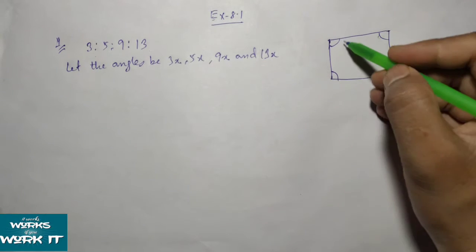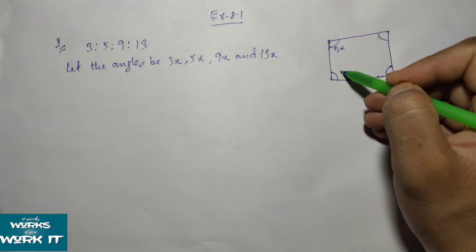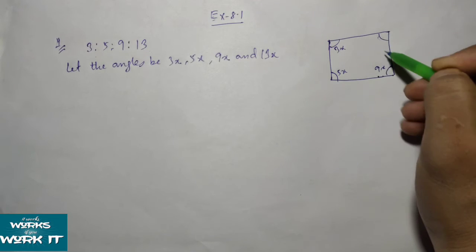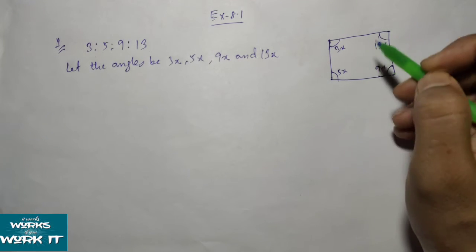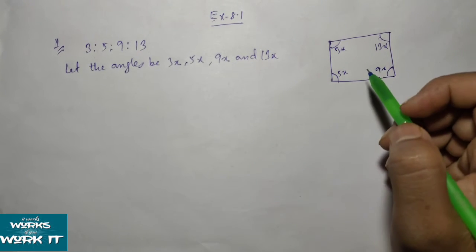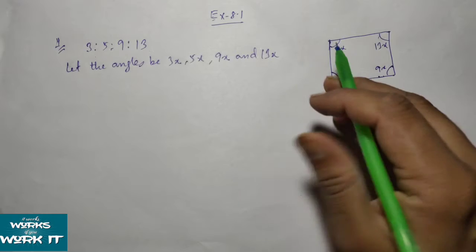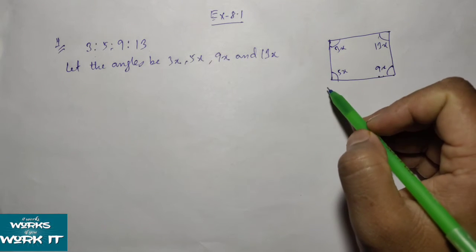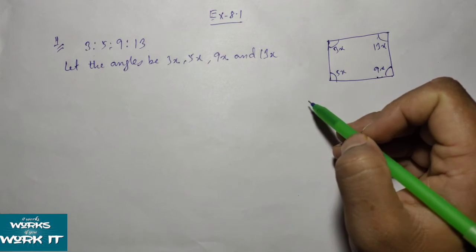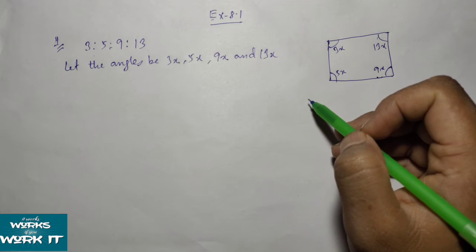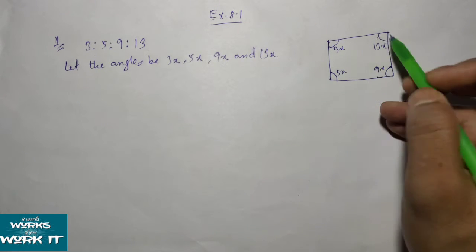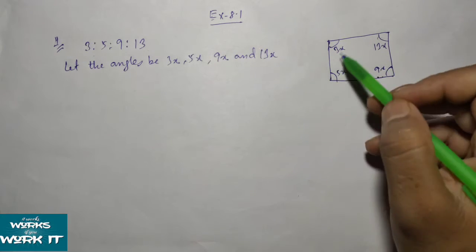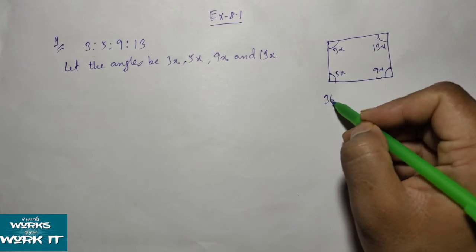Now we are getting that the 4 angles are 3x, 5x, 9x and 13x, and we already know, if you have gone through my earlier video regarding chapter 8, the introduction, there we have seen the property or theorem that the sum of the angles of a quadrilateral is how much? 360 degree.